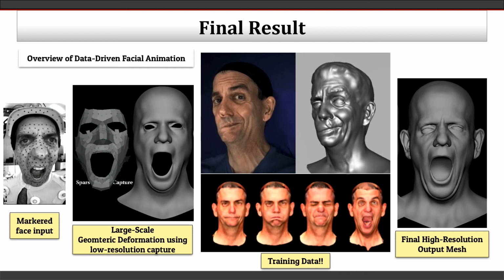Once we have the training data, which includes the high-resolution captures and the texture detail, we are able to get to a very high-resolution final model, which is true to the person and has all the parts of the face that we want out of the digital double.